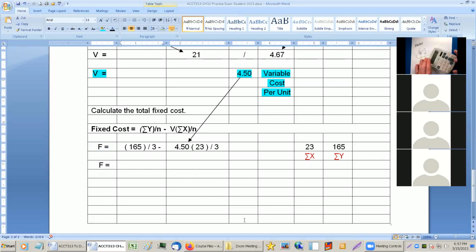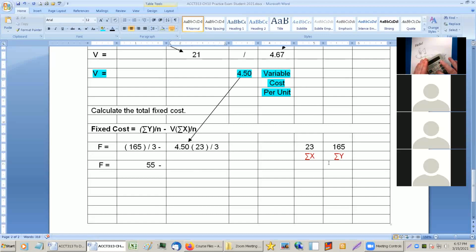Okay, 165 divided by 3, 55. $4.50 times 23 divided by 3. You know, that might come out to be a nice even number.